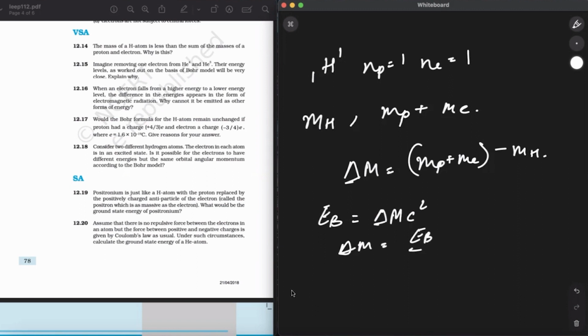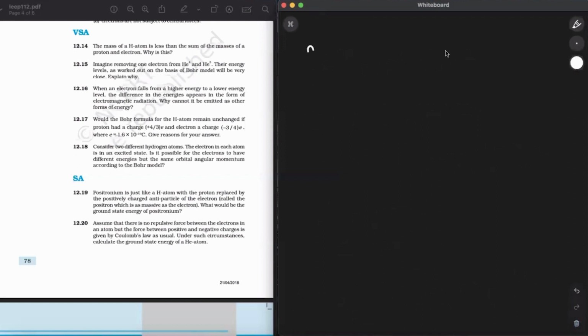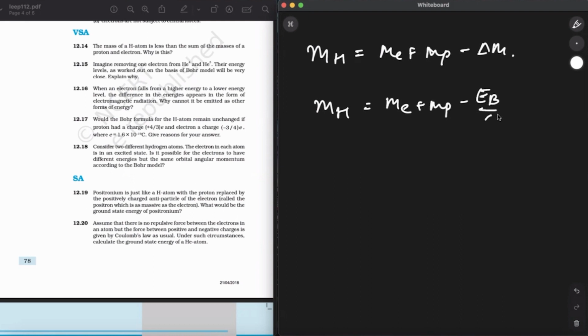So if I want to write delta M correctly in general, it will be Z times the mass of proton plus A minus Z times the mass of neutron, minus M. So the mass of hydrogen is equal to the mass of electron plus the mass of proton minus delta M. And if I want to write it, the mass of hydrogen will be equal to the mass of electron plus the mass of proton minus binding energy divided by c square.